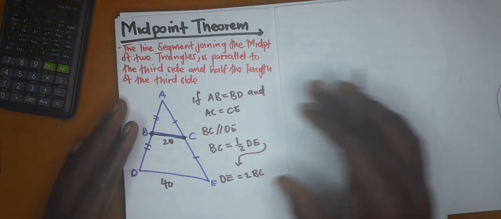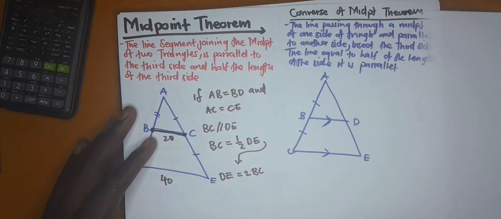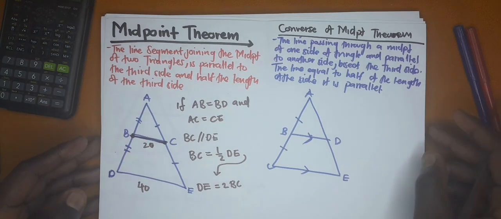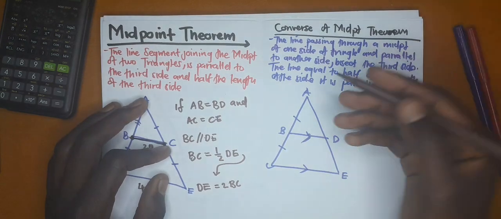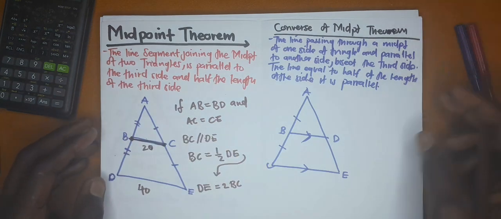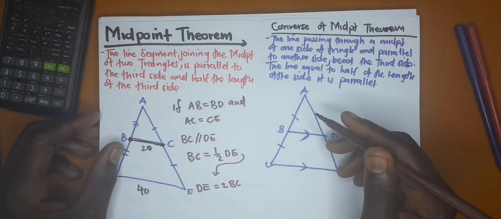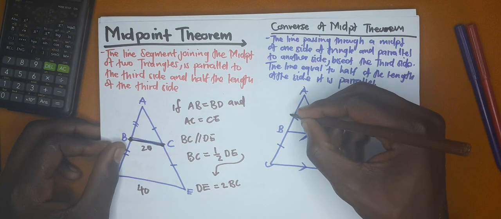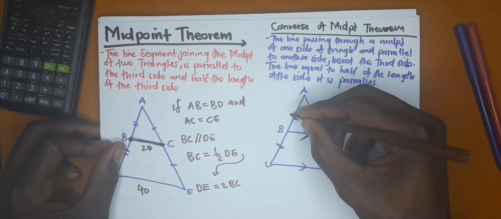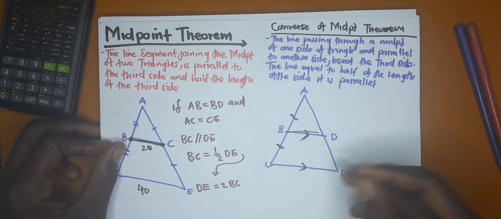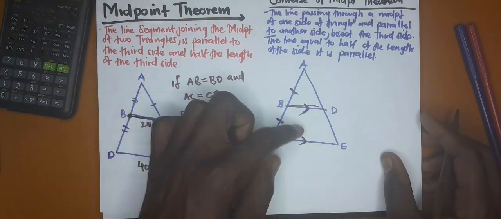Quickly, I wanted us to also look at the converse of this theorem, because the converse is a little bit tricky for some people. I won't read the whole information, but I will tell you what they're trying to say. Basically, whenever you are given a triangle where one side is equal to this one, and this line is parallel to this one. Look at the difference between these two.